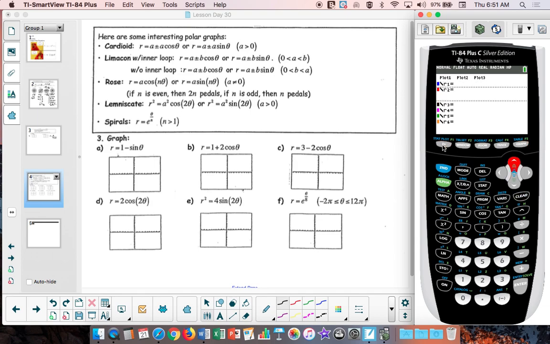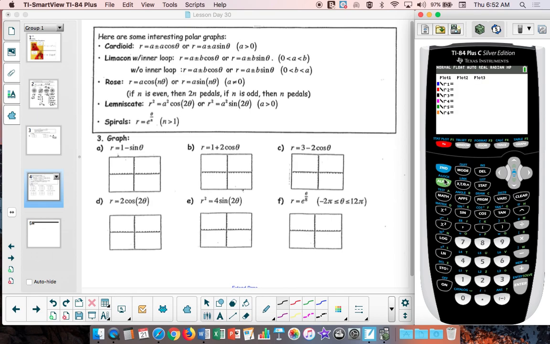And the last one is my favorite, the spiral. So this one we want to include more spirals, so we're going to change our window, our theta minimum, to negative 2 pi, and you'll see that it changes it to a decimal. And then we want 12 pi here. And go back.